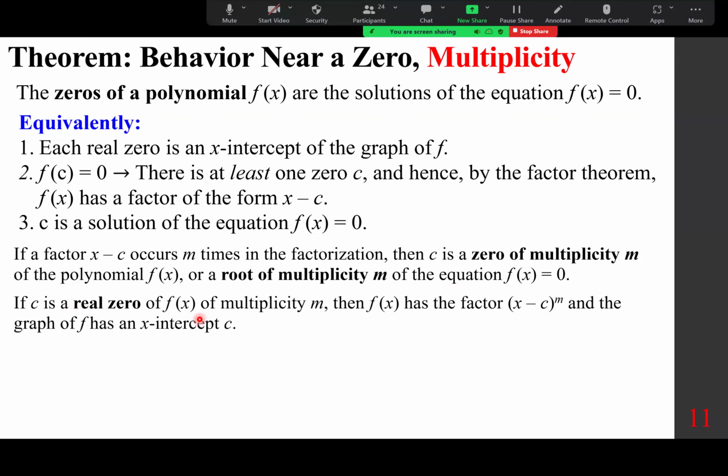If c is a real zero of f of x of multiplicity m, then f of x has the factor x minus c to the power of m, and the graph of f has an x-intercept c.